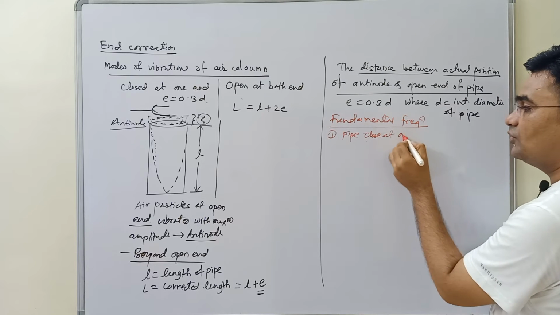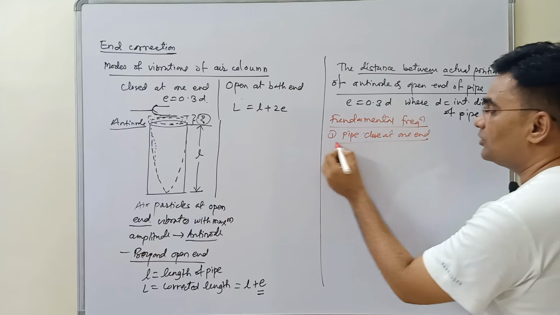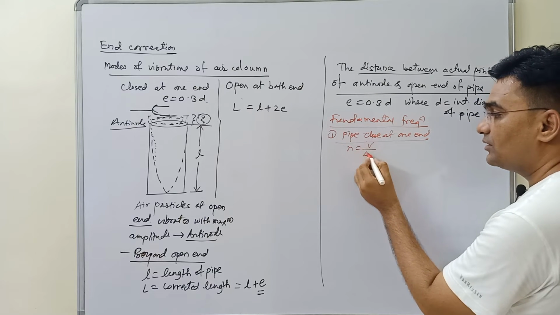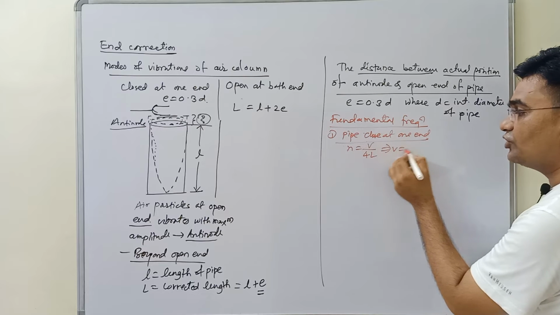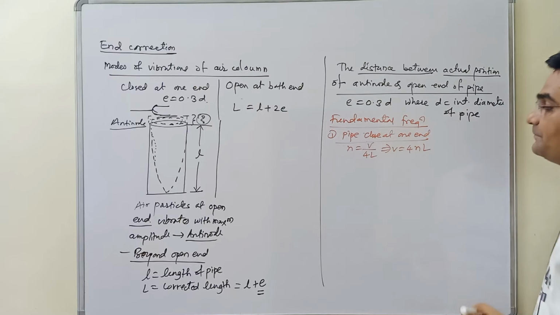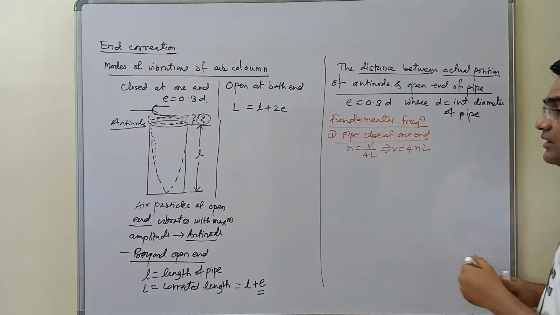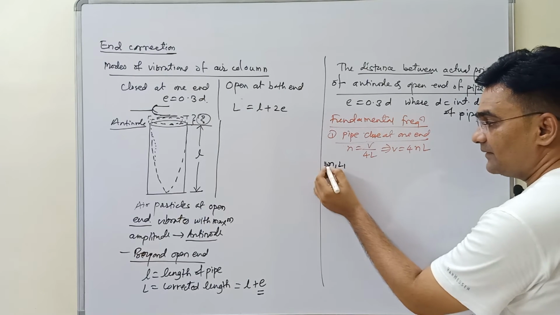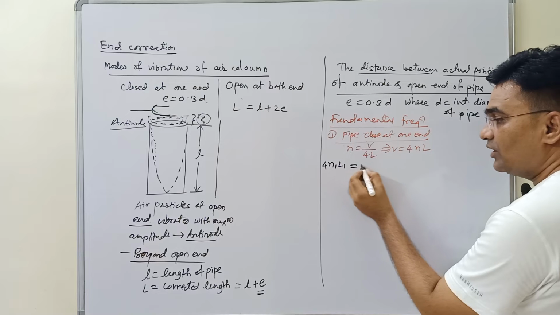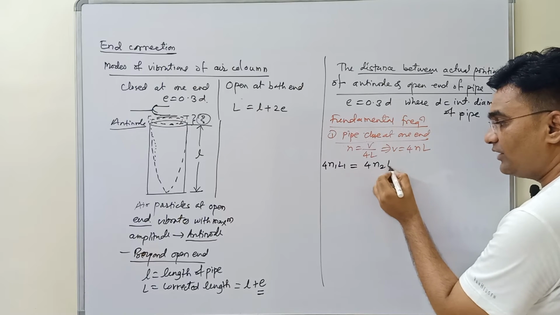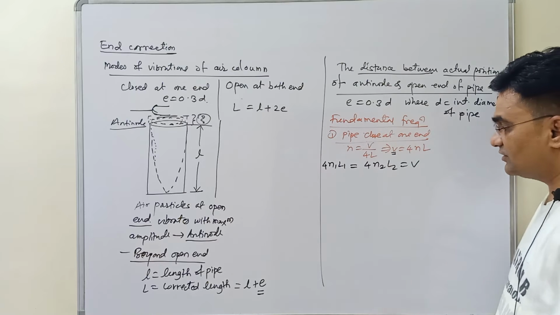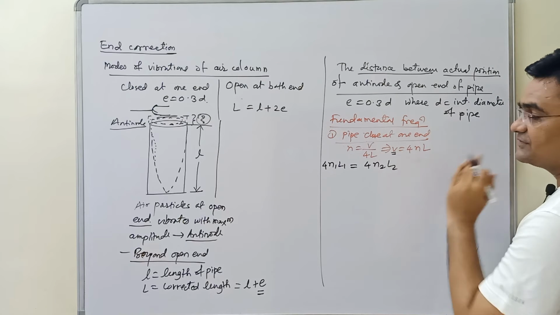The formula was N equal to V upon 4L, which implies V equals 4NL. So in case 1, 4 N1 L1 equals 4 N2 L2, as the velocity V is constant.